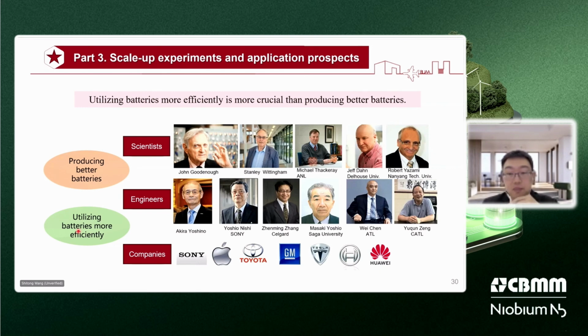Whether it is the heat management system of Tesla, or the blade battery of BYD, or the precise consistency control of CATL. Therefore, utilizing the batteries more efficiently is more crucial than producing better batteries.